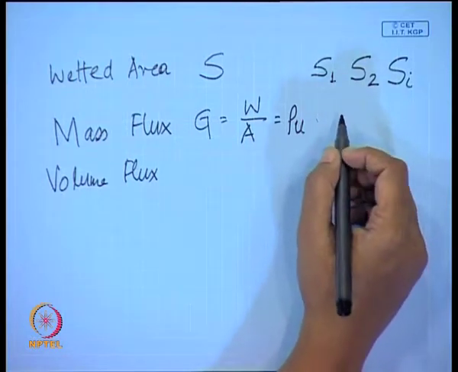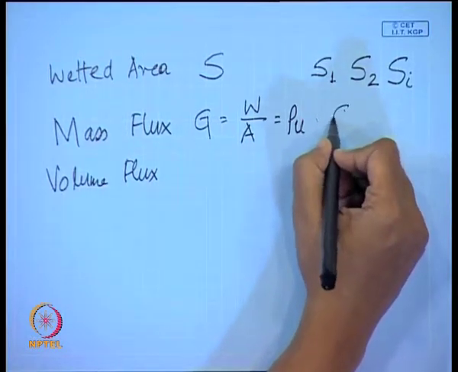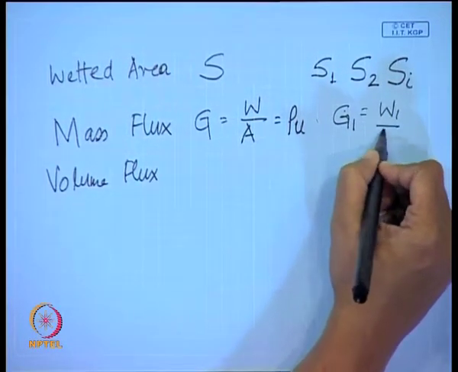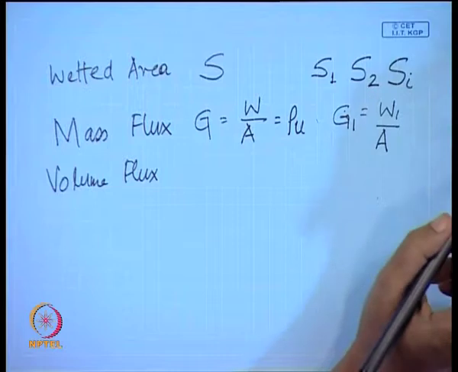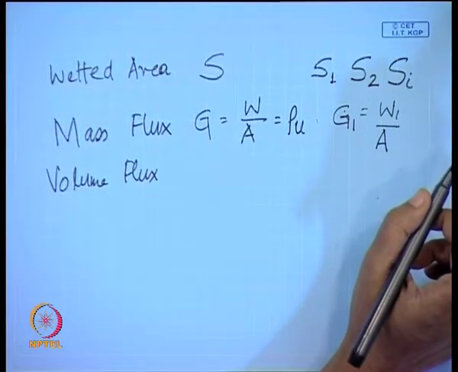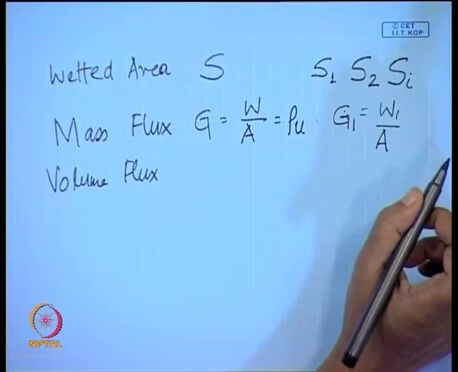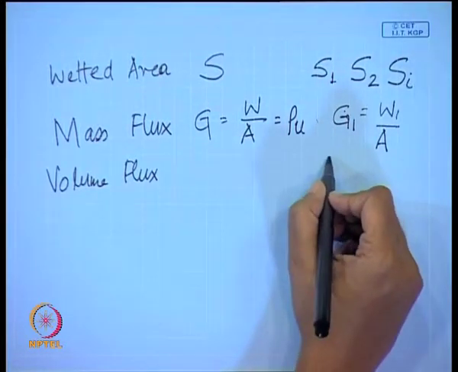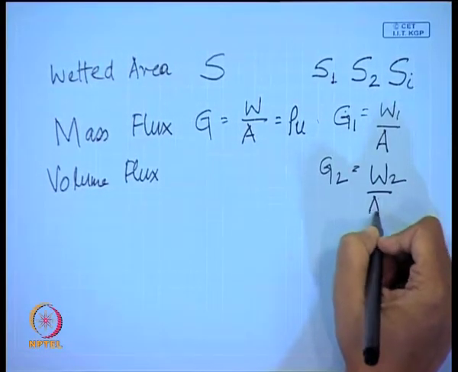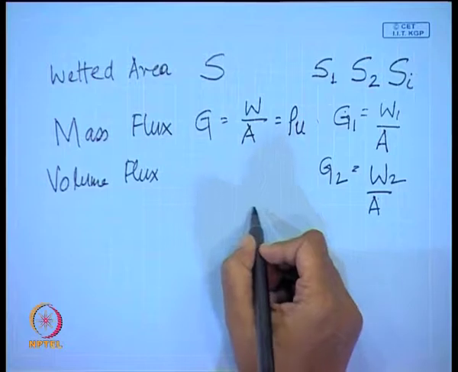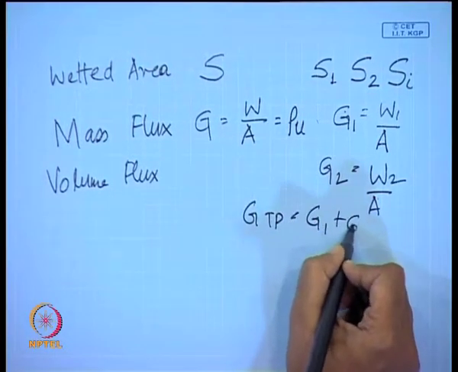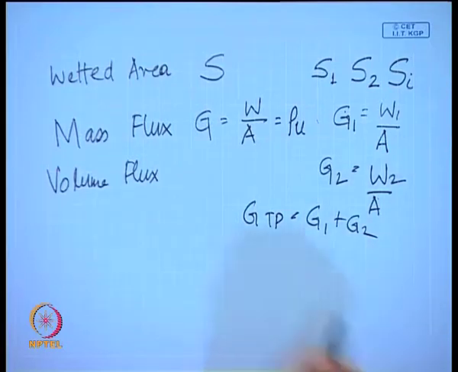In this particular case, we are going to have a G1 which is nothing but W1 by A. Mind it, they are all per unit cross sectional area, not per unit actual area which has been occupied. G2 is W2 by A, and finally we have GTP which is G1 plus G2, isn't it?